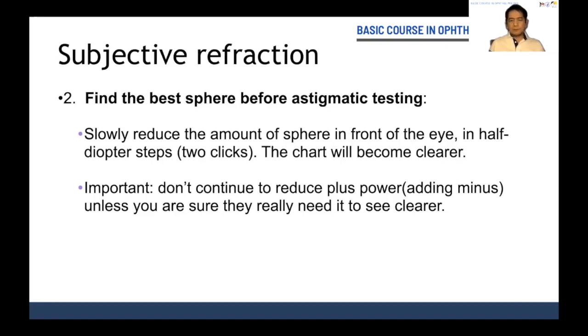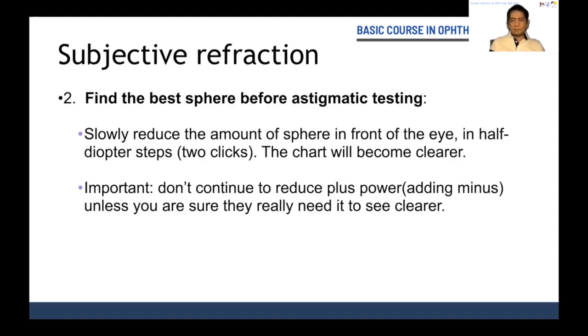Then from there, for example, the 20/200 is blurred at an amount of plus 2. You slowly reduce the amount of sphere in front of the eye in half-diopter steps, or 2 clicks, until the patient sees the best line.